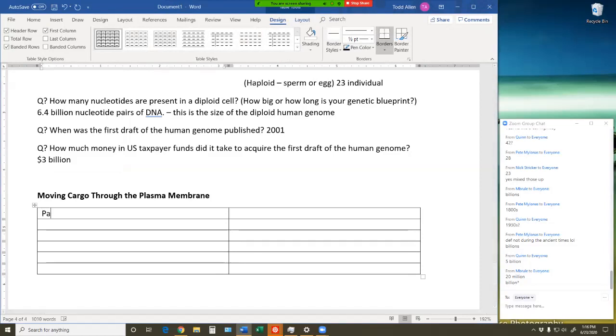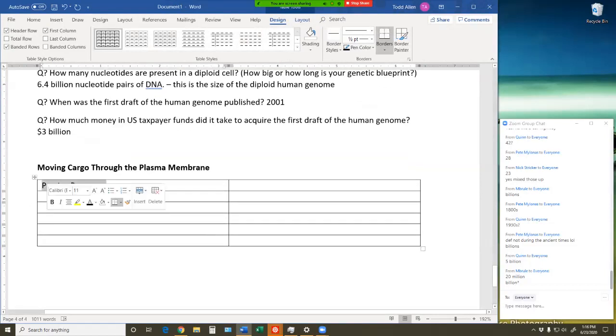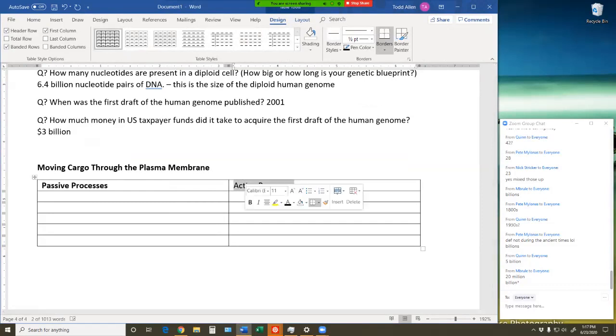There are passive processes in which the cell itself does not have to consume any biochemical energy to make it happen. And then there are active processes where the cell does have to spend biochemical energy to drive the motion of the cargo. Okay? So be very careful here. So passive means no cellular energy needed. Active processes means it uses cellular energy.